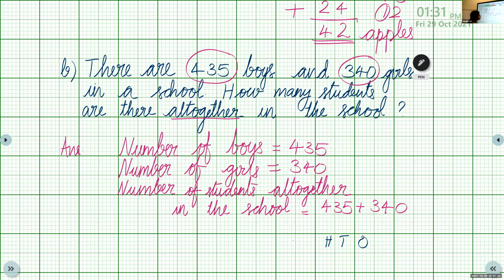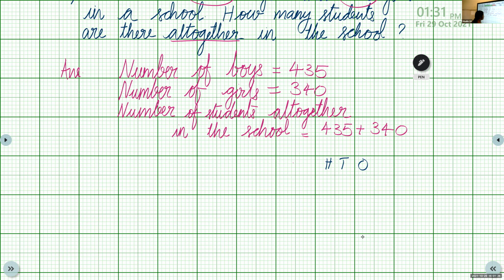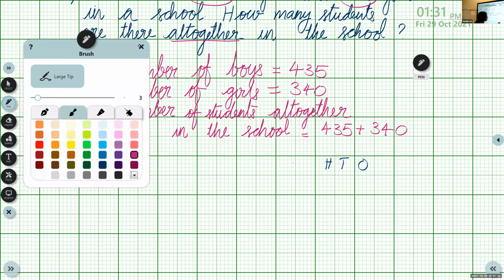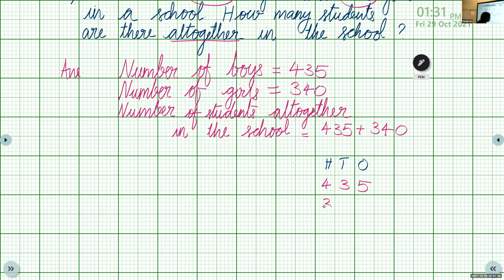The first number 435. Second number 340. Now let's add the numbers. Every time we have to start from the ones place. At the ones place we have 5 plus 0.